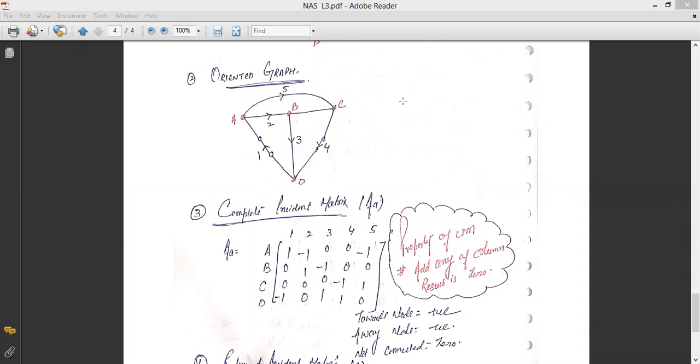It's towards D, sir. So D will be positive, B will be negative. That is why on the complete incident matrix, your third column will be minus B and plus D.